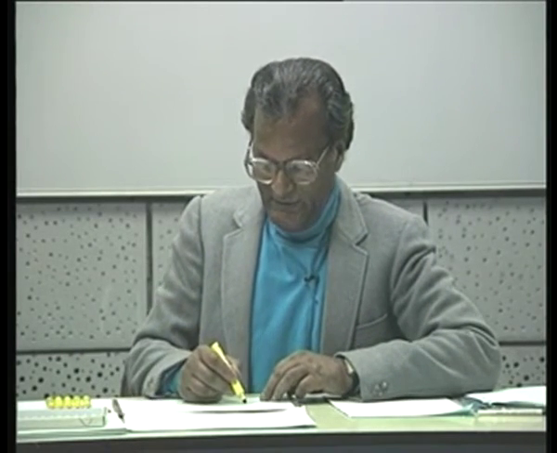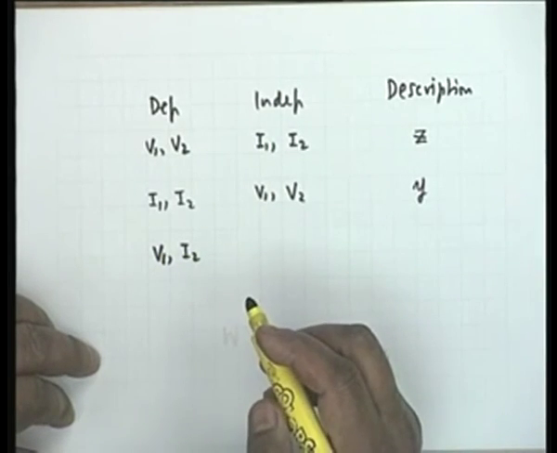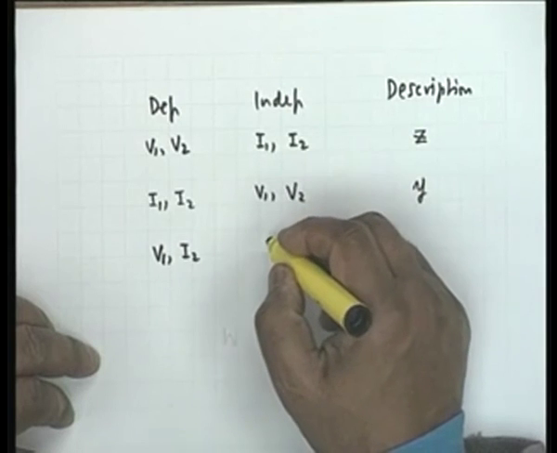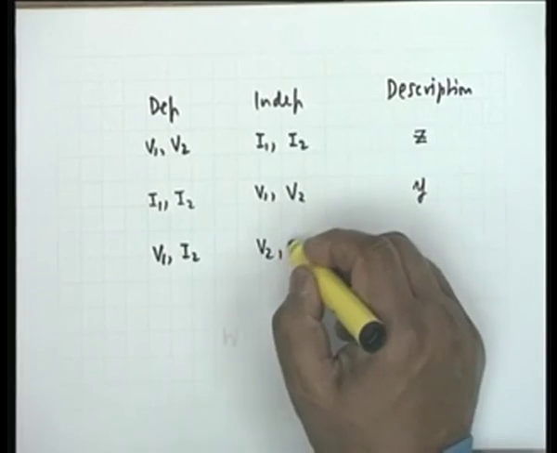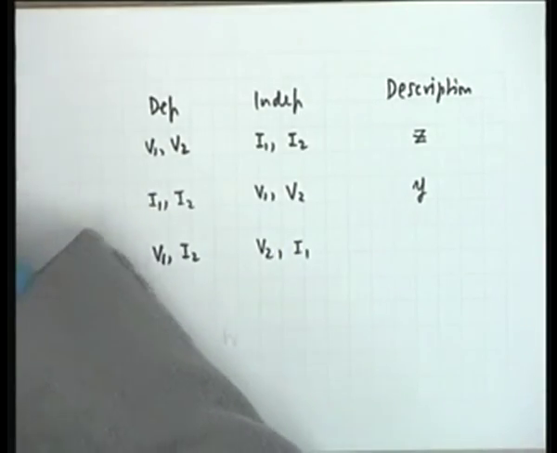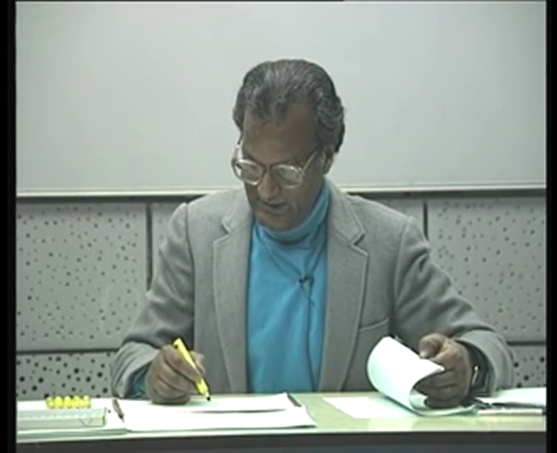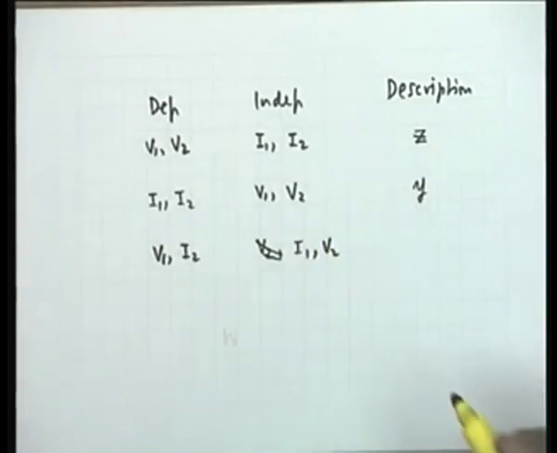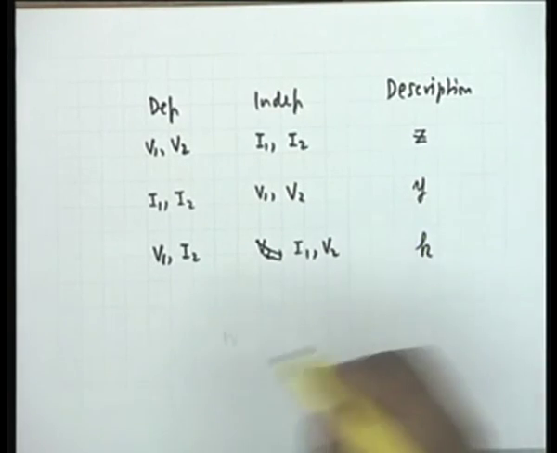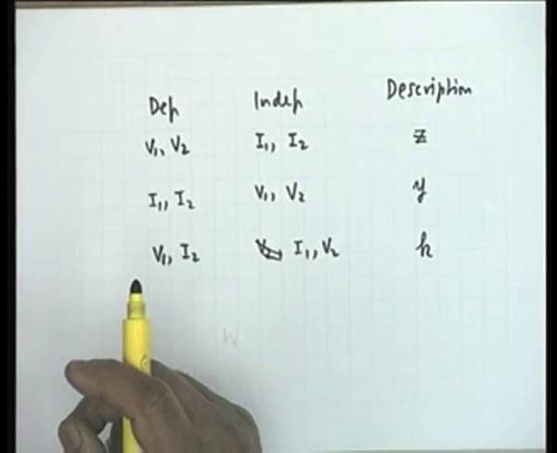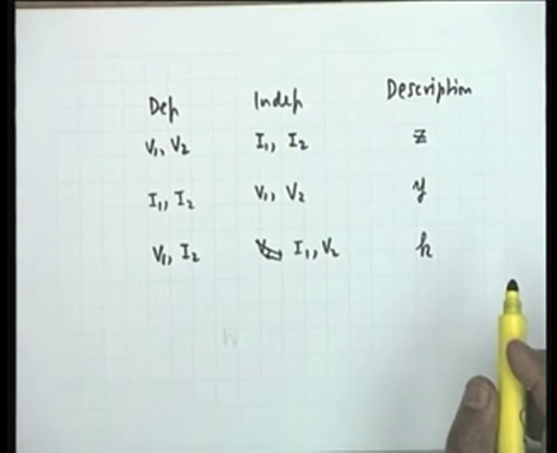On the other hand, if we have, let us say, V1 and I2 expressed in terms of I1 and V2, I'd like to keep the orders same, so I'll call this I1 and V2, then what we get are called the hybrid parameters, H parameters, and why they are called hybrid shall be clear later.